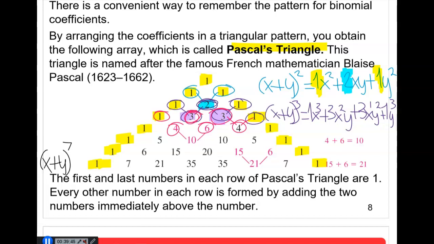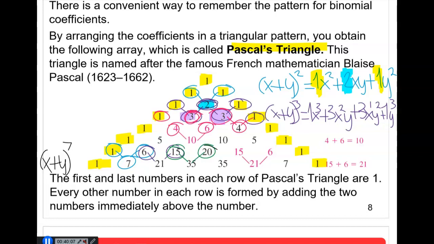And let's do the last rows just so that you know that it does work for all. So if you add 1 plus 6 here, it will be 7. Then if you were to add 6 plus 15, it will give you 21. Similarly, 15 plus 20 gives you 35.